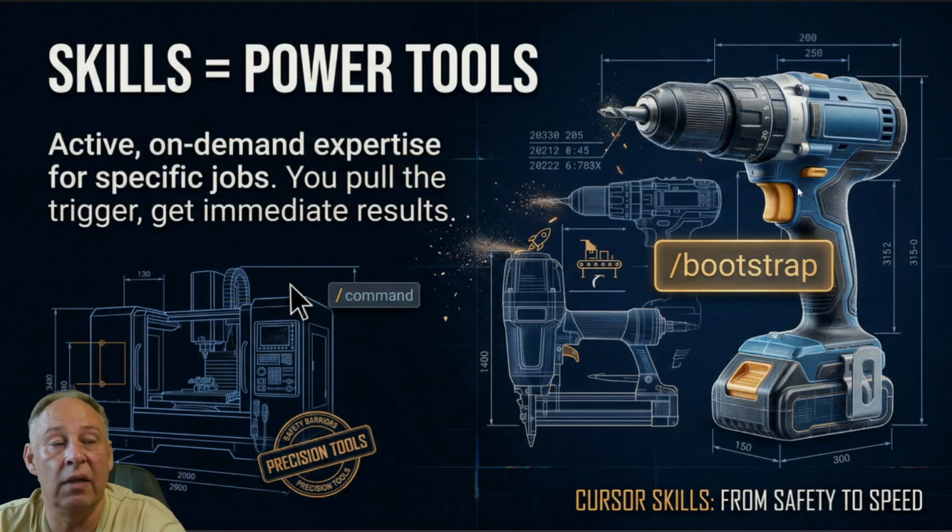And then we have skills, which are the power tools. They are active, they are on demand, they are experts in specific jobs. So you pull the trigger and you get an immediate result. For instance, you can have a skill for an API called Resend.